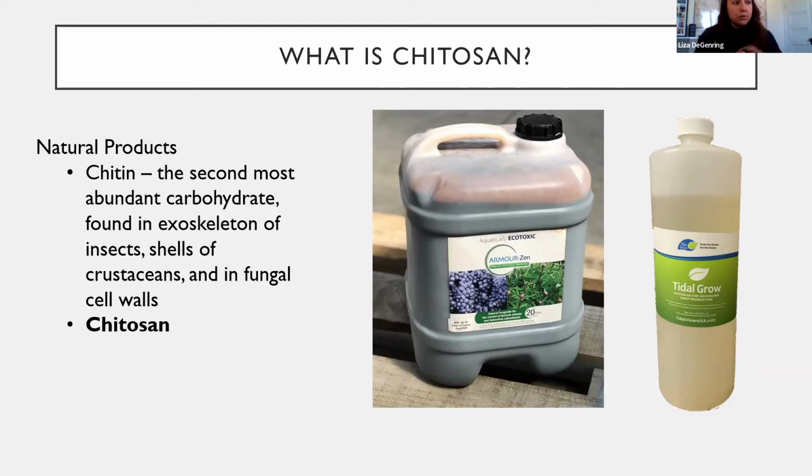And these are two of the products that I've been using in my research. Armorzen is created by the company Bacterial, and TidalGrow is created by the company Tidal Vision. It's also important to note that there are a lot of other commercial international Chitosan products that have yet to be able to be regulated by the United States, and so then has not been able to be used yet commercially here.